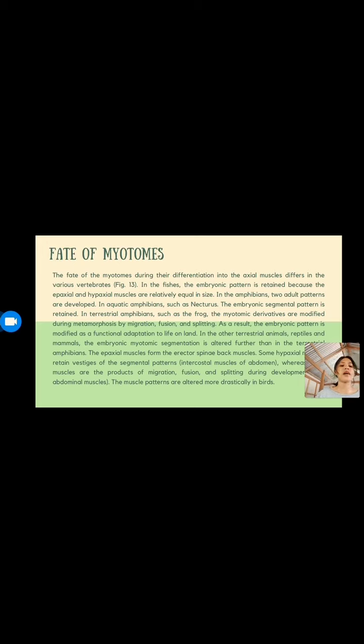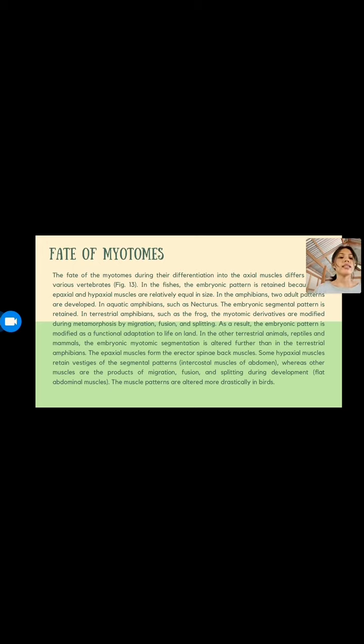On the other hand, in terrestrial animals, reptiles and mammals, the embryonic myotomic segmentation is altered further than in the terrestrial amphibians. The epaxial muscles form the erector spinae back muscle.